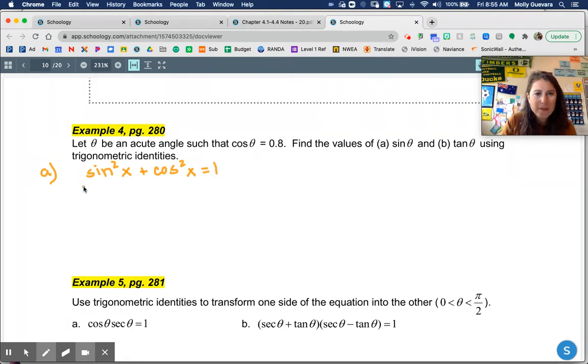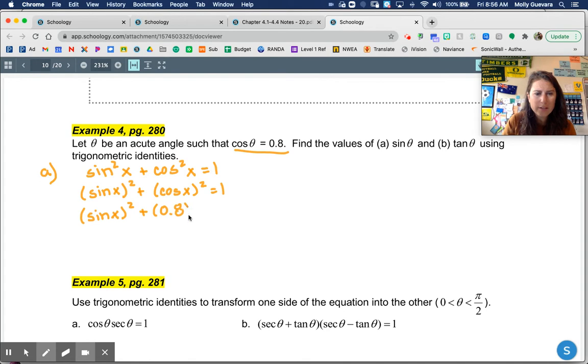So remember that this is the same thing as sine of x squared plus cosine of x squared equals 1, right? It's the same thing. And I know what cosine of x or cosine of theta is. It's right here. So this tells me I have sine of x squared plus 0.8.